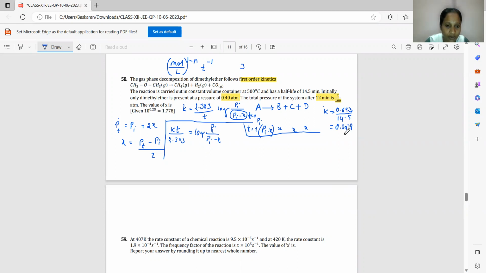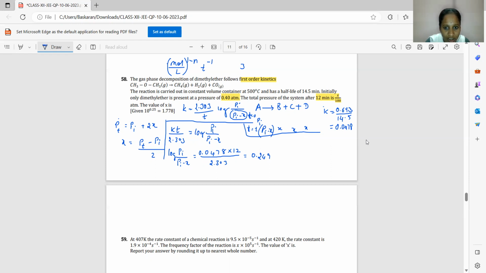Now substituting these values here, we will get the value of log Pi by Pi minus X is equal to K value, how much? 0.0478, and time they have given as 12, divided by 2.303. If you simplify, it comes out to be 0.249. So this value only they have given as 10 power 0.25.